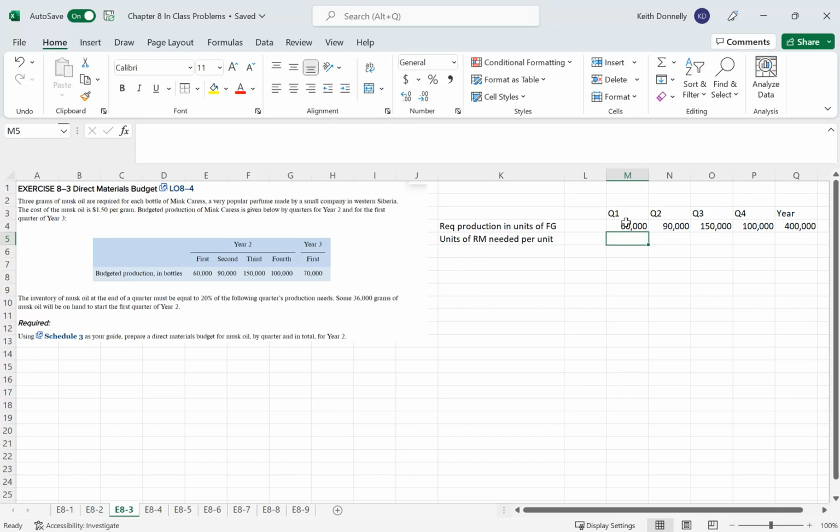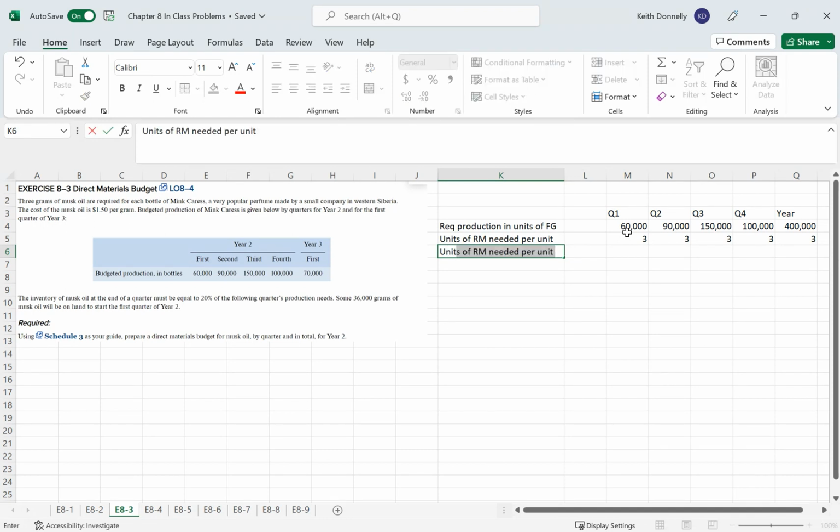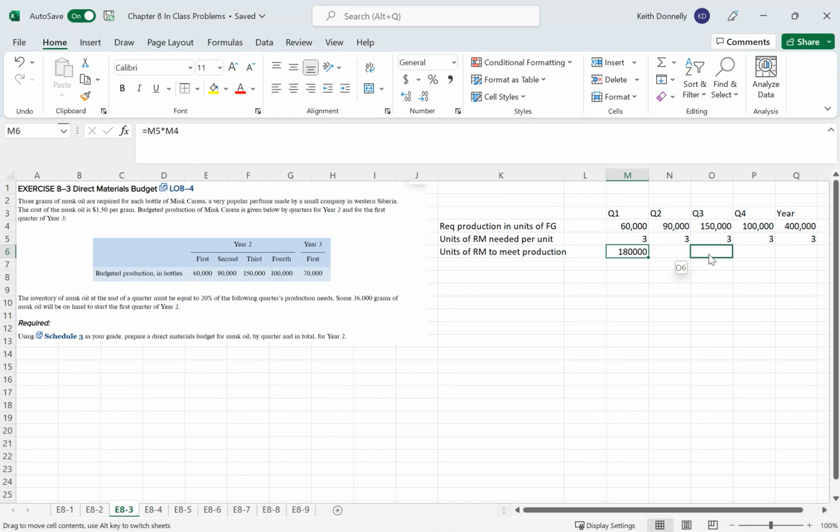So we're doing this many bottles to produce, and we're going to need 3 grams of it for each. That will give us our units of raw material to meet production. In other words, if you want to produce this many and there's 3 in each, we're going to have to take 3. We can carry that across, just multiply it down.